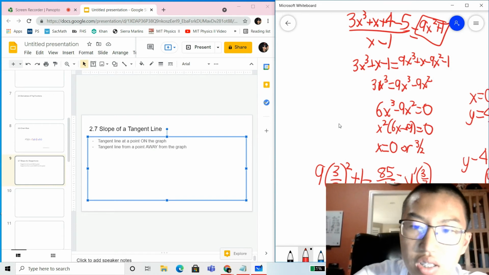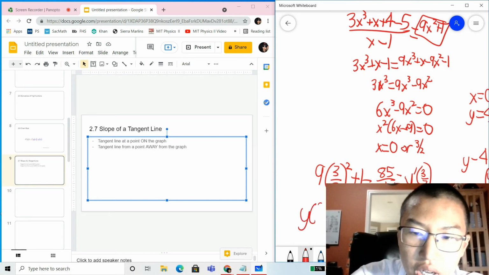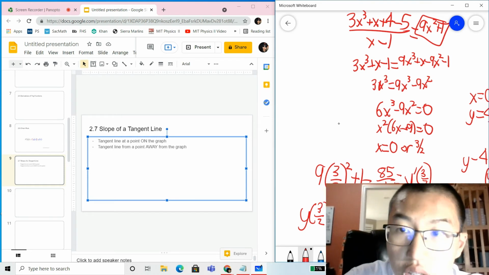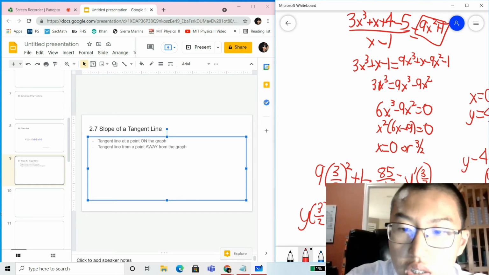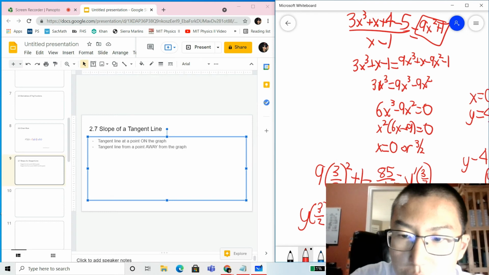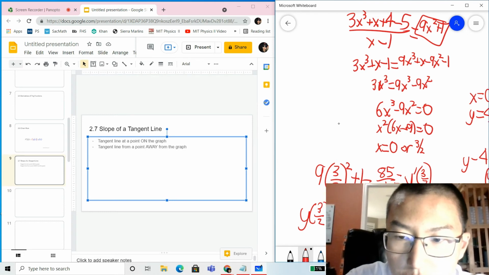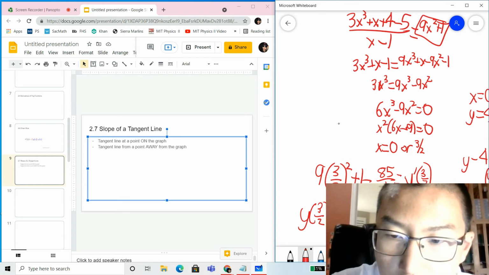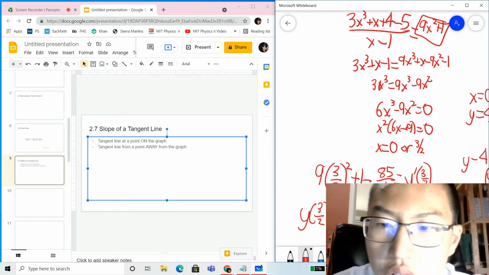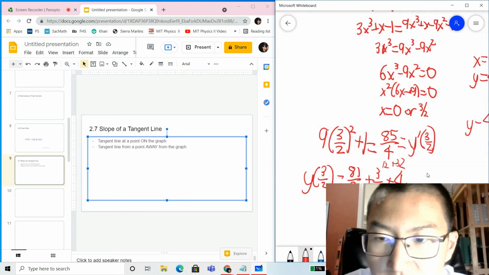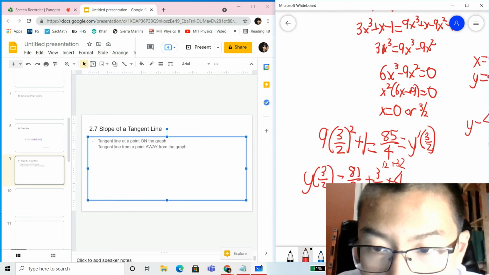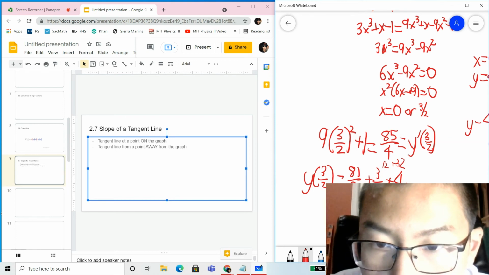Now let's find y of 3 halves, which is 81 over 8 plus 3 halves plus 4. It's 32 over 8. And that's going to be 125 over 8.